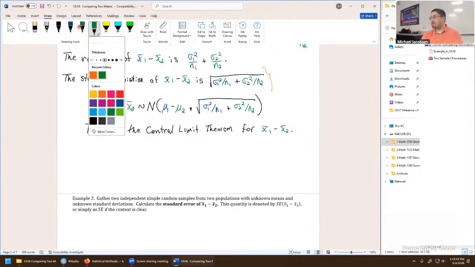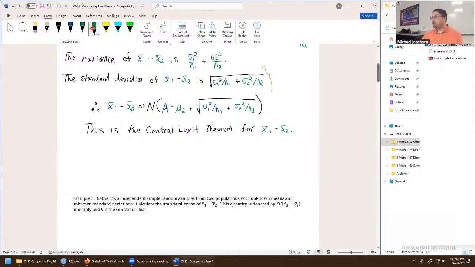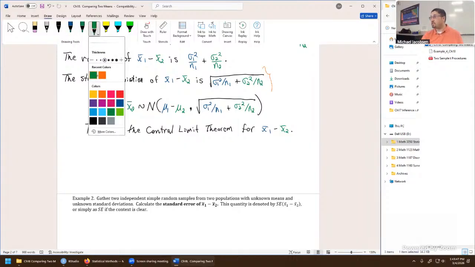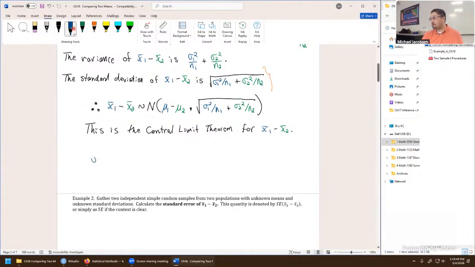First, notice that we can make this set of computations, or approximations rather. Sigma 1 is an unknown quantity, but it's approximately equal to the sample standard deviation S1. So we have an unknown on the left, but that's just the statistic coming from the data, and we'll have that value on the right.